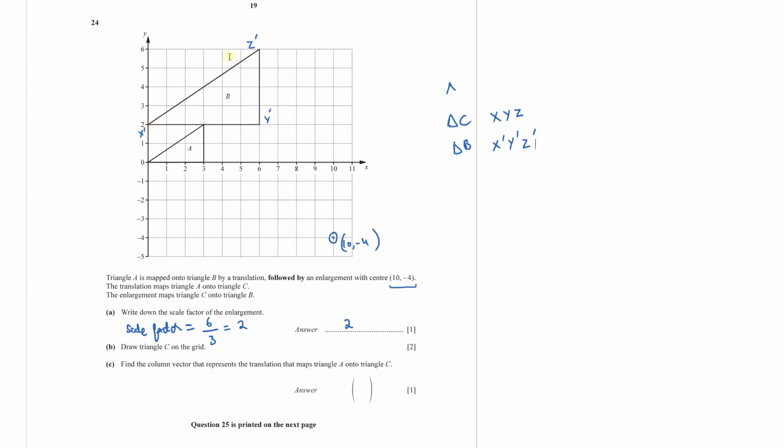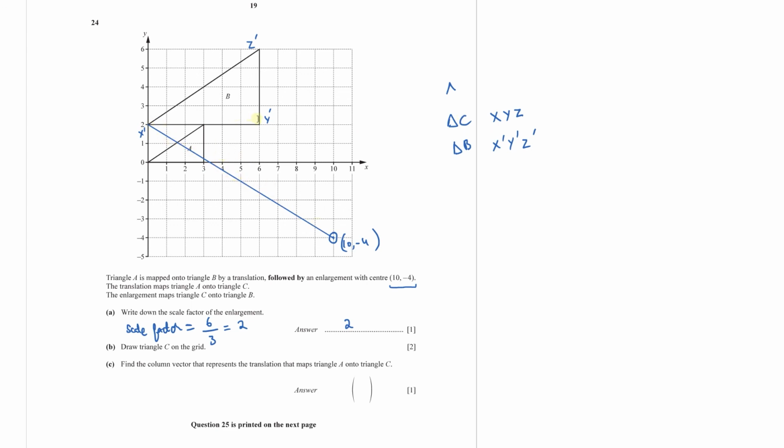So let me actually draw this line here. So my point X, which is in triangle C, is somewhere along this line.